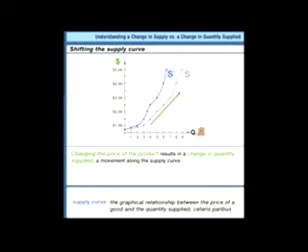We call this change in one of those variables and the shift in the supply curve a change in supply. A change in quantity supplied is a response to the price of bread changing, and that's a movement along the supply curve. But if you change one of those other factors, like the price of inputs, technology, and so forth, then you have to redraw the entire supply curve, and we call that a change in supply.